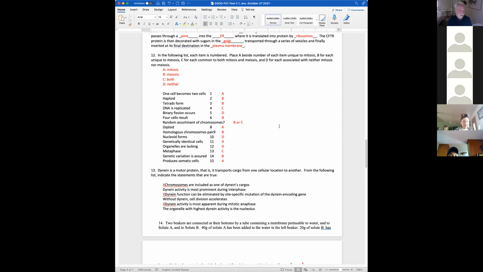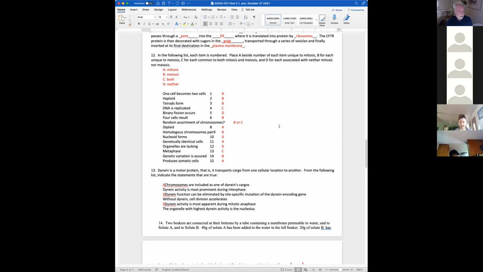Binary fission occurs in prokaryotes, not in eukaryotes. Four cells result, B, meiosis. Random assortment of chromosomes. Oh, here I accepted either B or C. My first choice is B, random assortment occurs in meiosis, but you could also argue that it occurs in both.